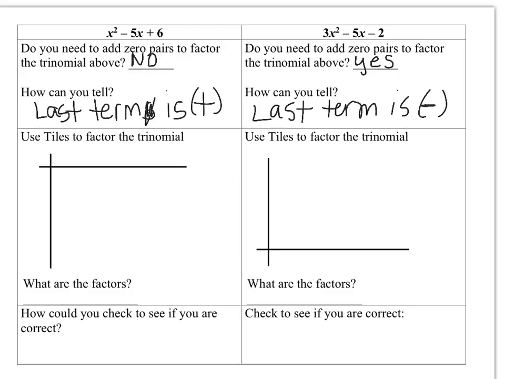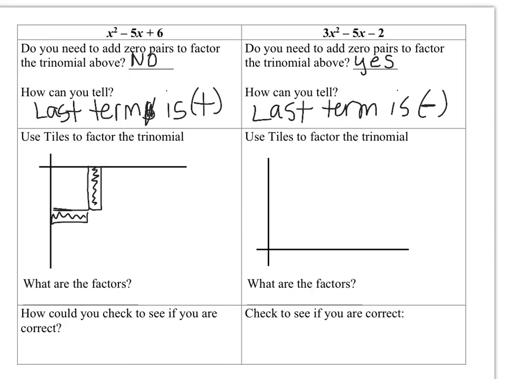All right, so now let's go ahead and look at the question over here to the left, x squared minus 5x plus 6. We don't need zero pairs. We know we have an x squared, so I'm going to put this x squared here. And then I've got negative 5x's. Well, I can't add zero pairs here, so I'm going to have a negative x on both sides of the x squared term.